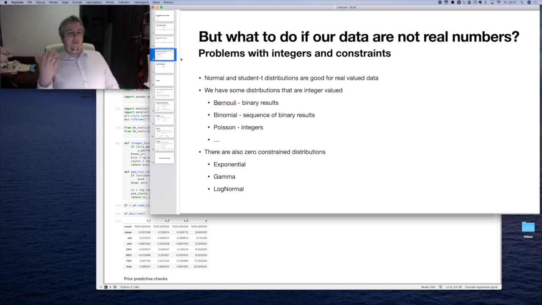And also we have some zero-constrained distributions, so distributions that, for example, limit the values only to the positives, like exponential or gamma or log-normal. So there exist certain distributions that give us the possibility to handle something that is not necessarily a real number. If we want to fulfill constraints of parameters, then maybe we could use some kind of constraint transformation.